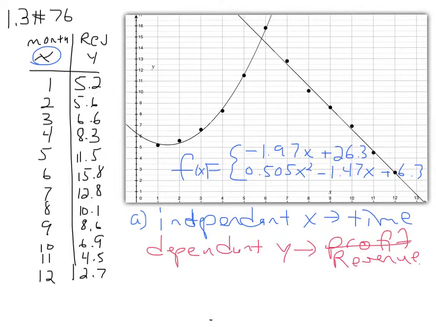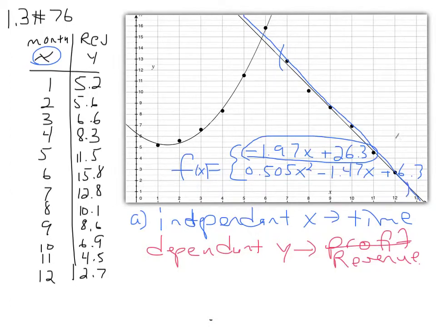In part B, I've given you these equations, but we haven't said what the domain is. Now, the linear part, the negative 1.97x plus 26.3, that's the linear piece right here. And that looks like it's good from about 7 until about 12.